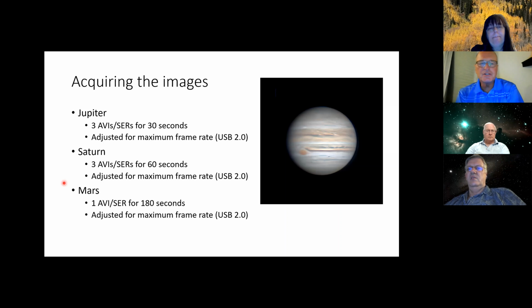In each instance, I adjusted the frame rate for the camera by adjusting the gain and exposure to try to get the maximum frame rate that I could obtain. I did this with my older laptop, which just has USB 2 ports. So that was one of the constraints that I was operating under. I've since gotten a new laptop, but I haven't really had a chance to use it with the camera yet.